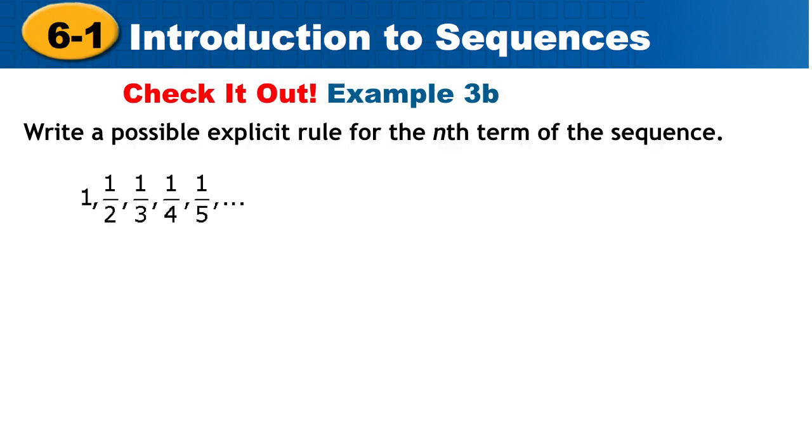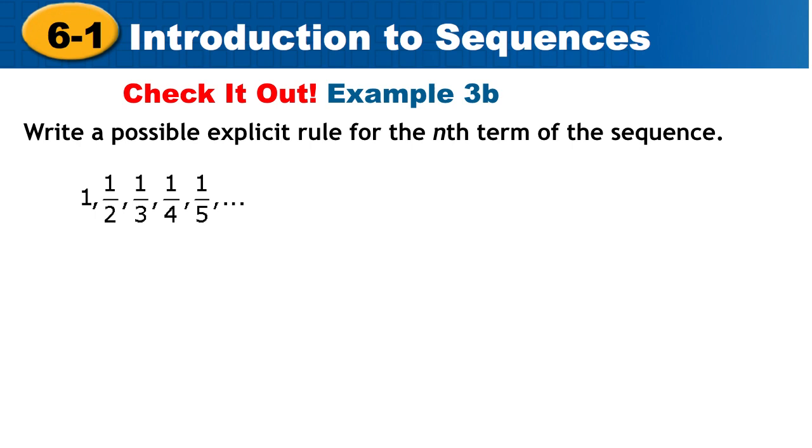And last example. Here we are given the sequence as 1, 1/2, 1/3, 1/4, 1/5, and so on. As you can see, your numerator is all constant. Your denominator is increased by 1 for each term. So actually I don't have to check differences or ratios.